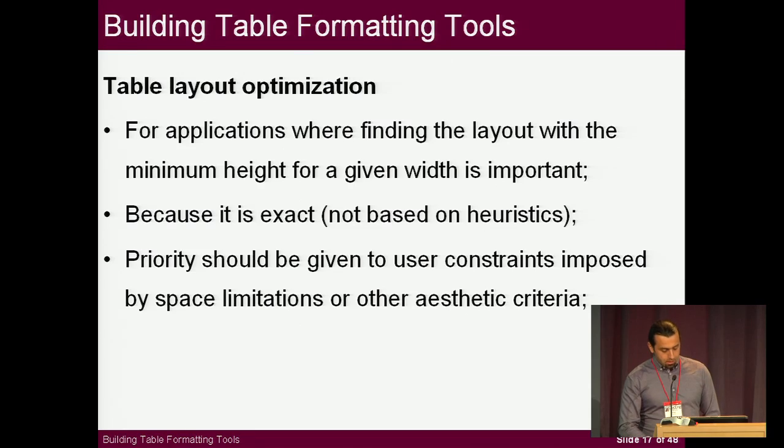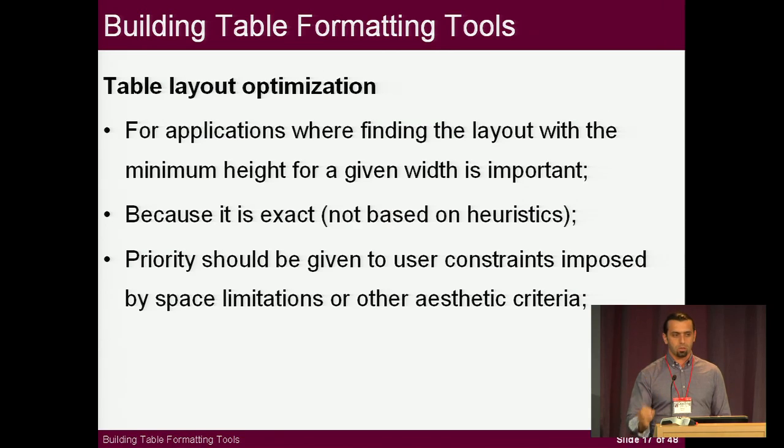In the same tool, we are implementing automated table layout. And why automated table layout and table layout optimization? Because there are applications where you need to know precisely the layout of a table with the minimum height for a given page width. Imagine if you want to print a book and your table jumps only one row onto a different page, you have to add headers, another page, and so on.